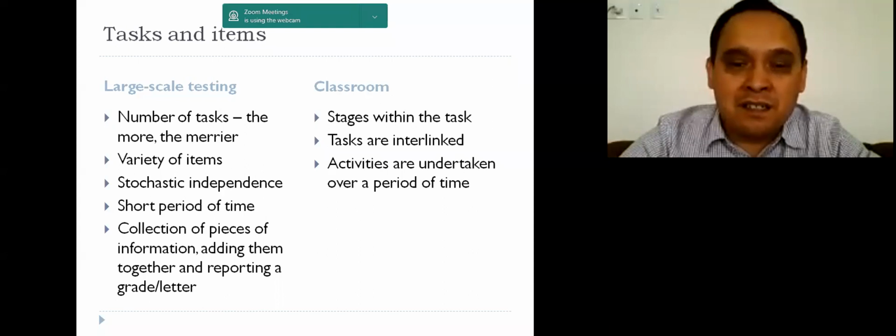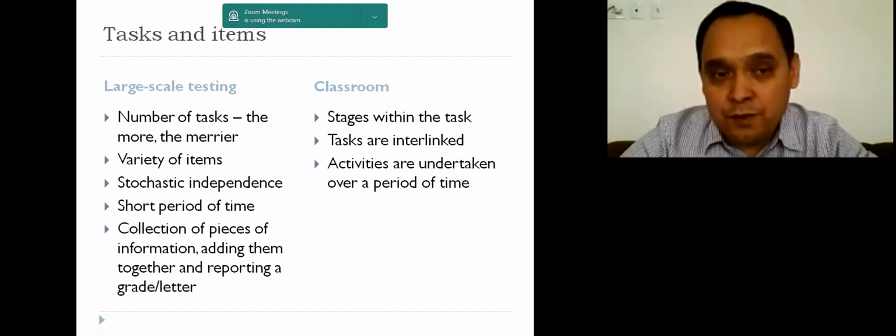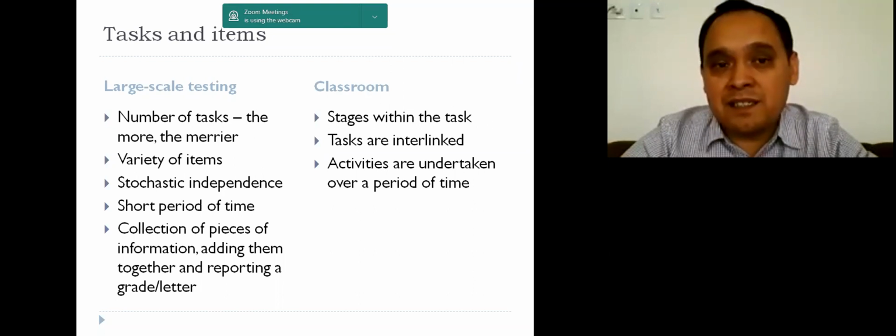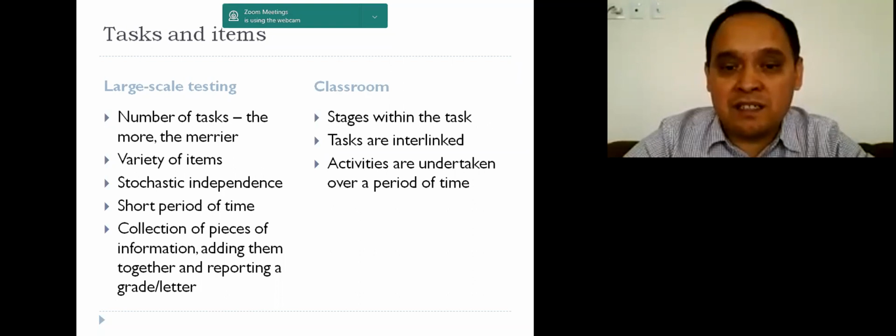Yes, our university entrance tests in Uzbekistan have only multiple choice questions, but if you look at some other international examinations, they try to have different types of tasks. It can be gap fill, open-ended questions, matching, paragraph completion, matching headings to paragraphs, you name it, a variety of different items.